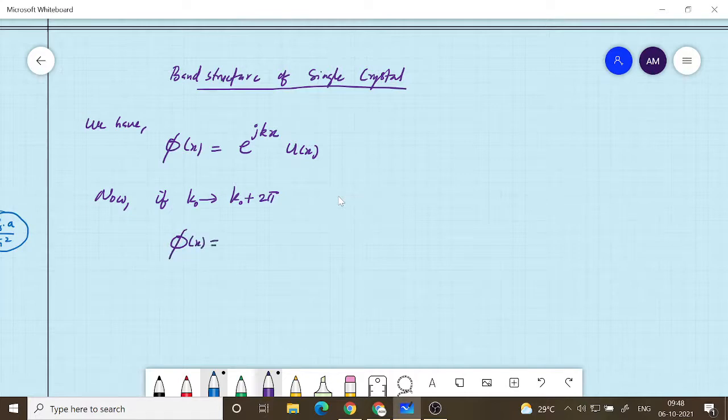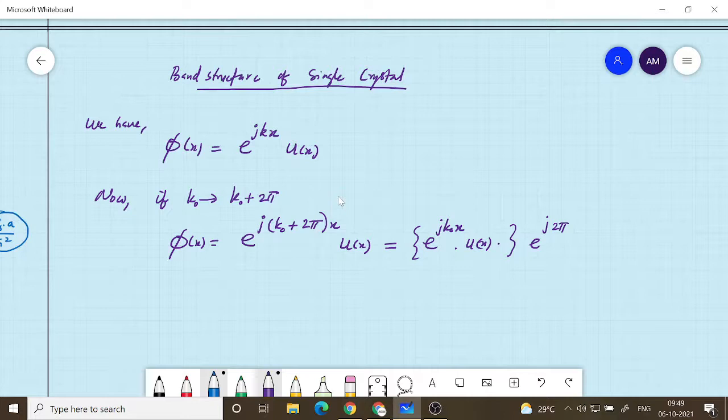So psi of x is equal to e raised to j (k naught plus 2 pi) x u of x, where k naught was our initial value of k and now I increase it with 2 pi. So that is basically e raised to j k naught x into u of x. The other factor that comes out is basically e raised to j 2 pi x.